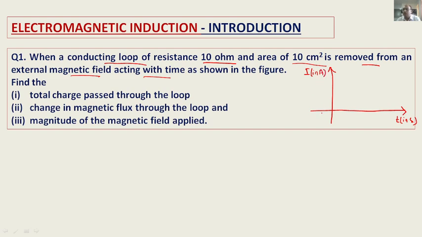We are also given that this is 0, 0, and this is the point A, this is point B, and this is point C. We will join this point, and this is given as 0.4.